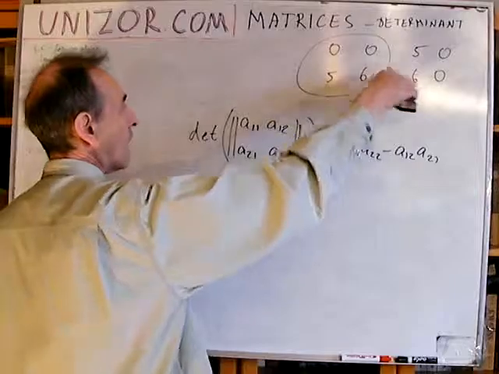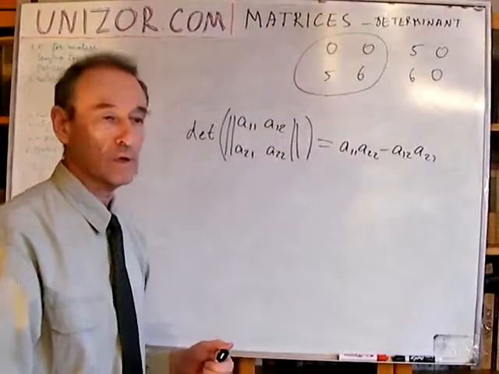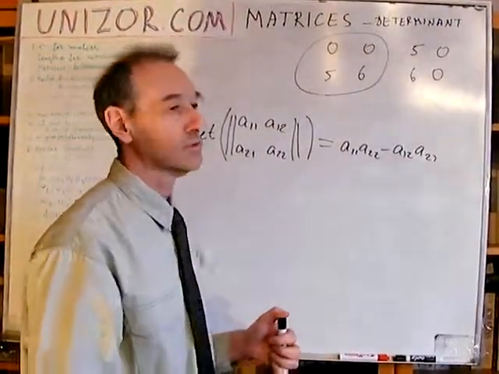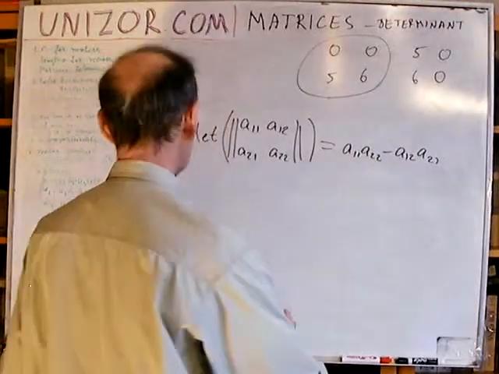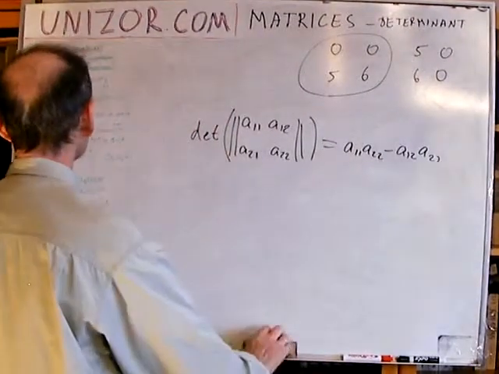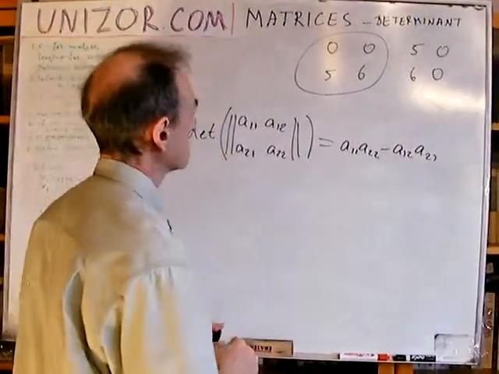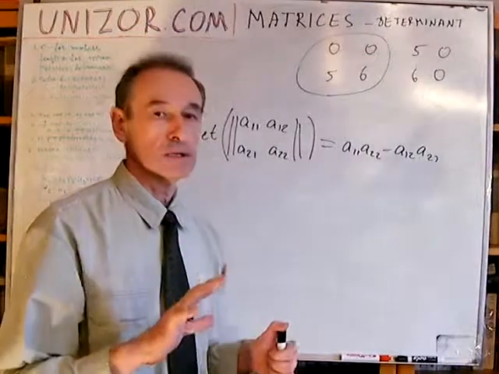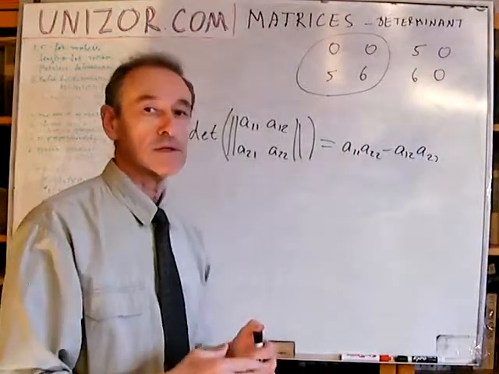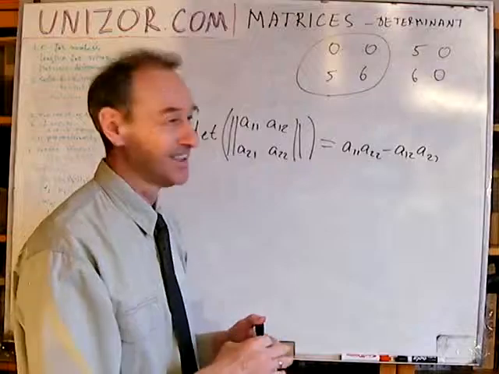A row or a column equal to 0 is a sufficient condition for the determinant being equal to 0. Okay. Next is a little bit less demanding, but just as bad.